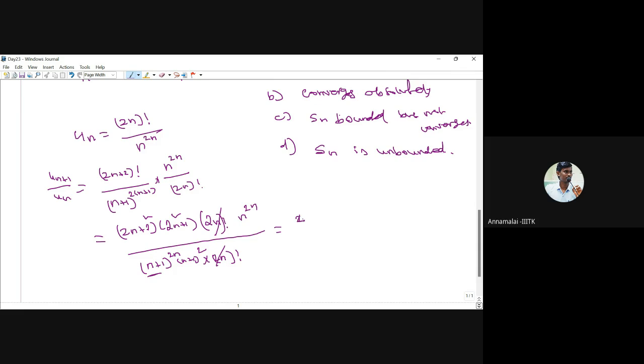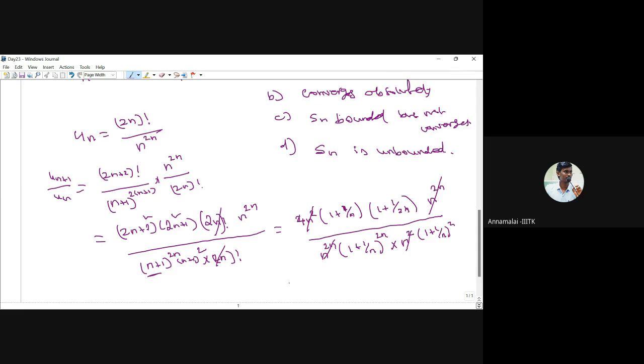Therefore, we get 4n square into 1 plus 1 by n, times 1 plus 1 by 2n, and n power 2n, whole divided by, taking n outside, n power 2n into 1 plus 1 by n power 2n, and into n plus 1 square, taking n outside, we get n square times 1 plus 1 by n whole square. Now we can cancel the n square.